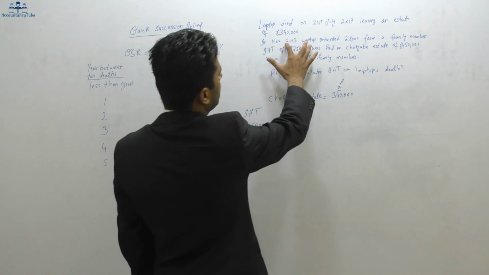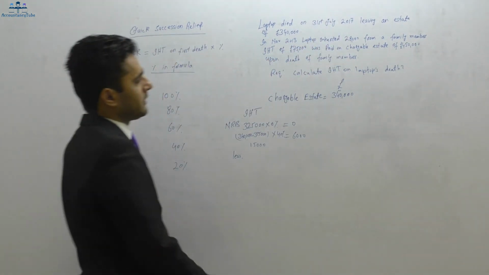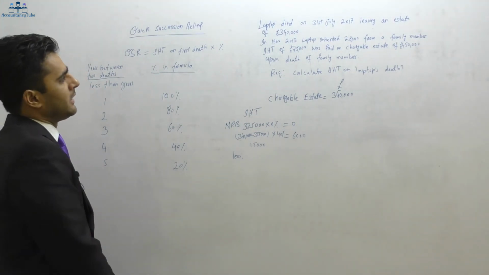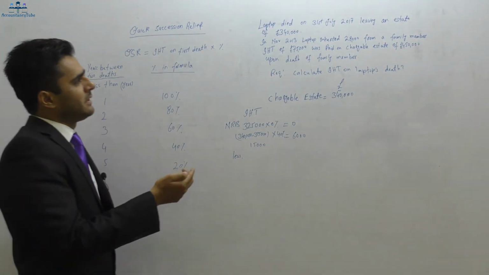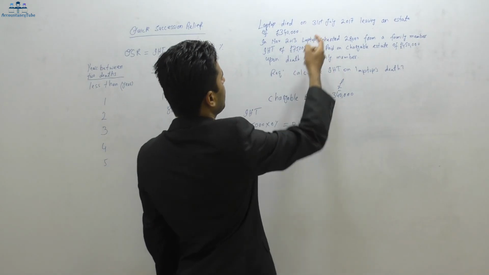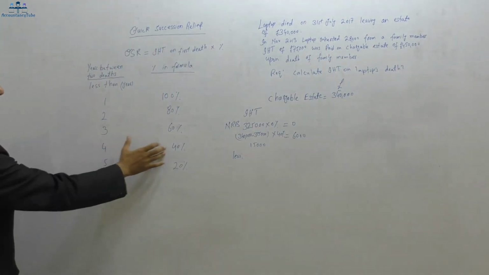Now see the difference between the old death and the new death. The new death is on 31st of July 2017, whereas the first death was in November 2017. So how much is the difference? So 13, 14, 15, 16, 17. If we take November 17, it is less than 4 years, and the percentage for less than 4 years is 40%.